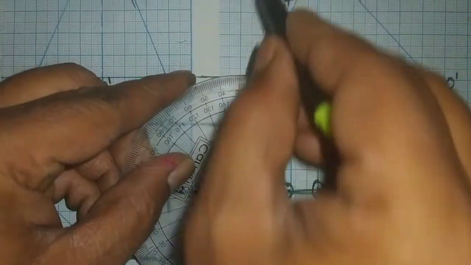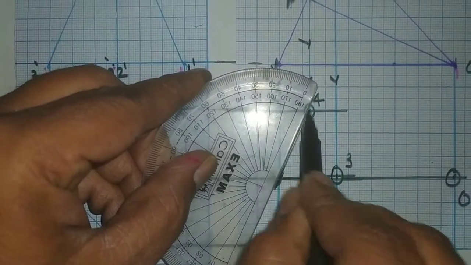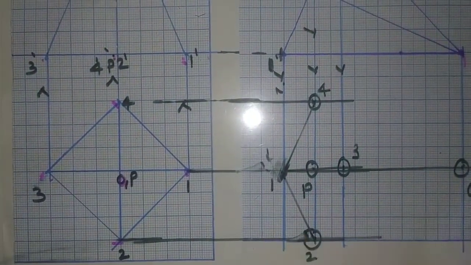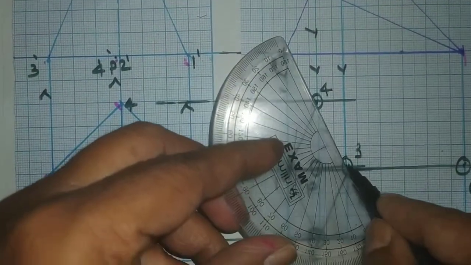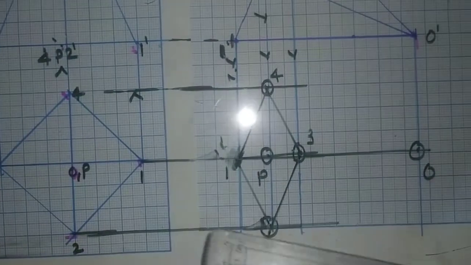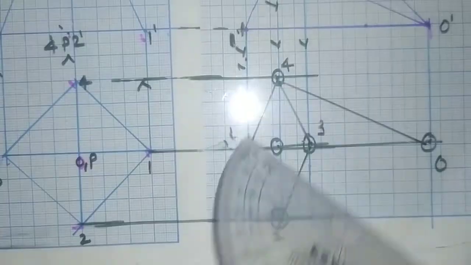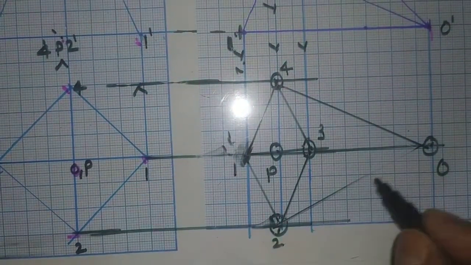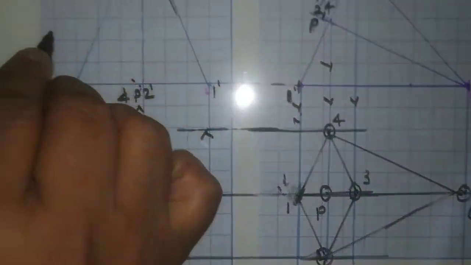This is completely seen. We are drawing now the top view. This is the front view.